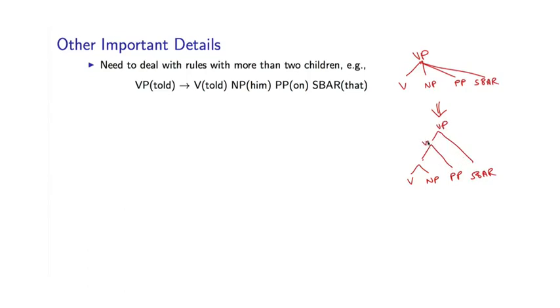So this might be VP underbar or something, if we use VP underbar to signify an intermediate non-terminal within a VP. And so what we've essentially done here is binarize the grammar by adding these intermediate rules to build this structure. That's a very simple way of dealing with this. There are other ways which are more sophisticated and work slightly better.